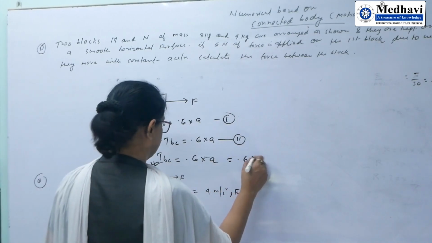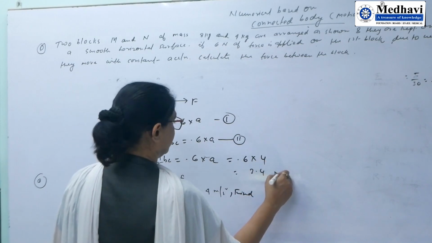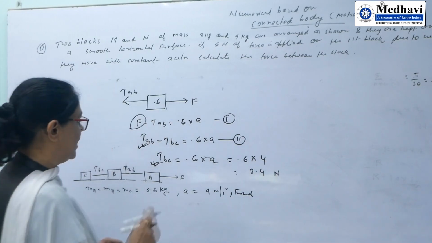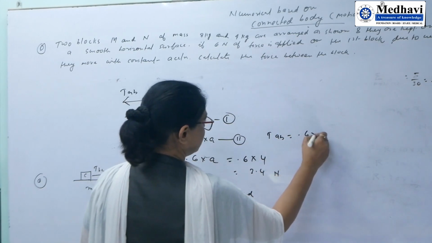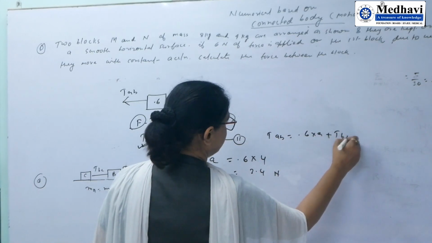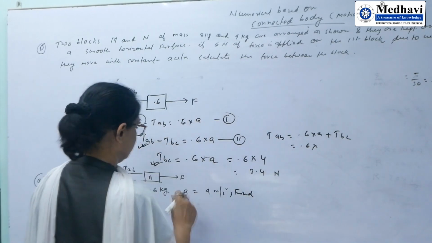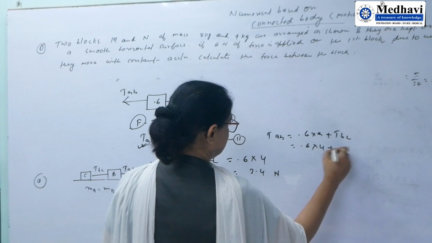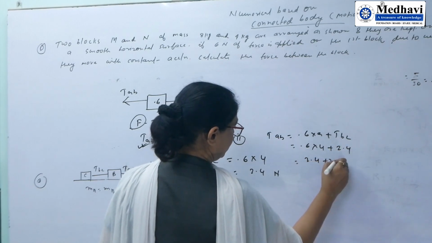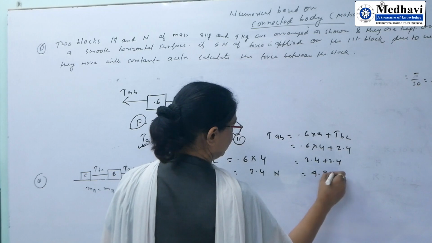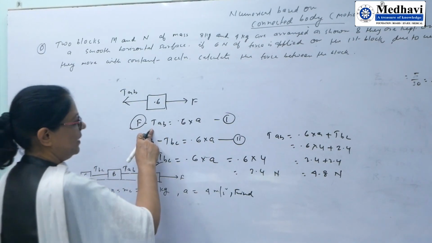TBC is equal to 0.6 into 4, 2.4 Newton. Then you find TAB. TAB is equal to 0.6 into A plus TBC. 0.6 into, in place of A, we will write 4, plus 2.4. So 2.4 plus 2.4 is 4.8 Newton. Now you put the value of TAB here.